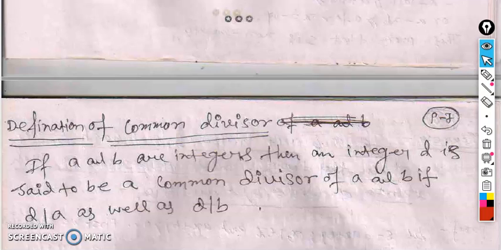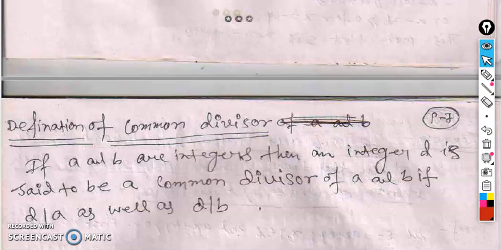Common means both cases. For example, Ratul is a common friend of Ram and Sham. In that case, Ratul should be the friend of Ram as well as Sham. So here the term common divisor is used.